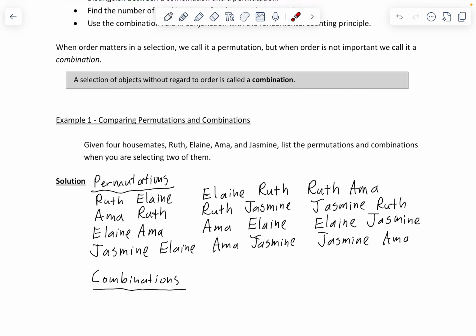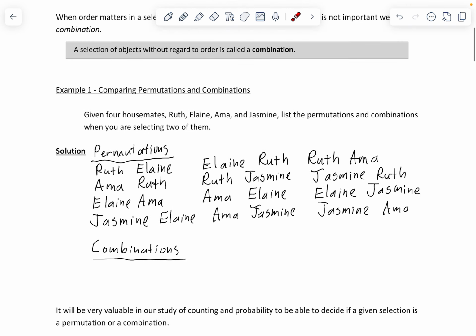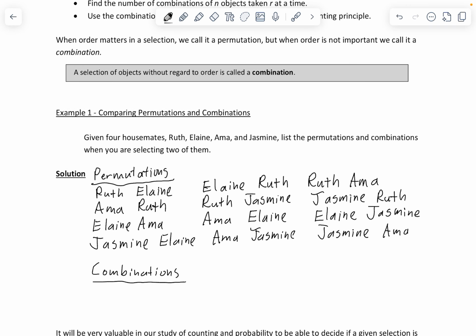For example, Ruth followed by Elaine and Elaine followed by Ruth are separate permutations, but they're considered the same combination because they're the same 2 people. With combinations, we don't care about order. So if I don't care about order, then basically we could have something like this.